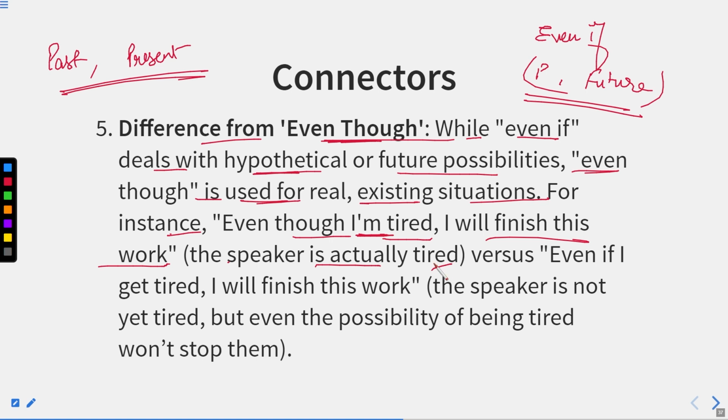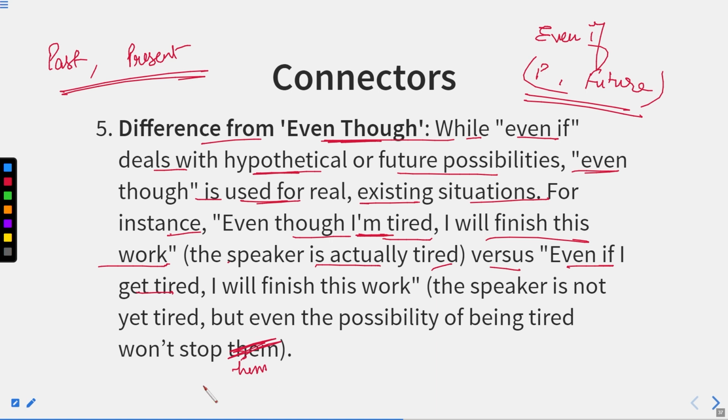The speaker is actually tired. Versus even if I get tired, now he is just predicting that even if I get tired, I will finish this work. The speaker is not yet tired, but even the possibility of being tired won't stop him. So he's telling us the situation.